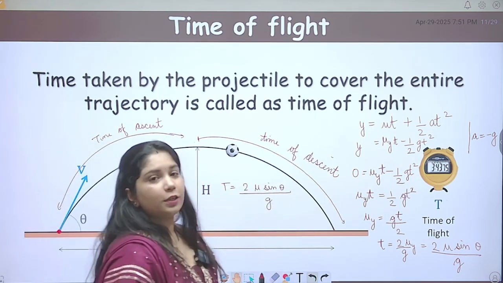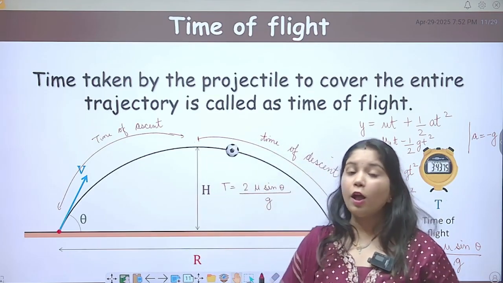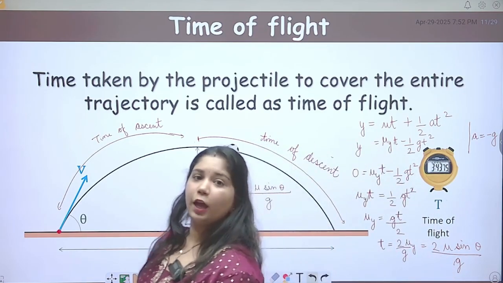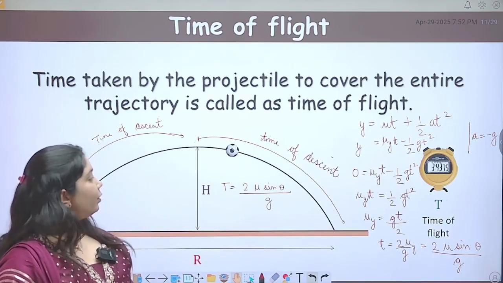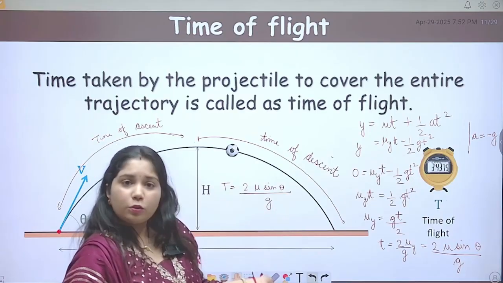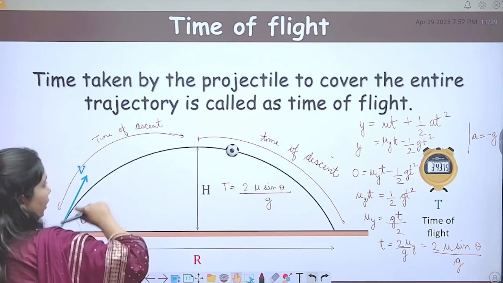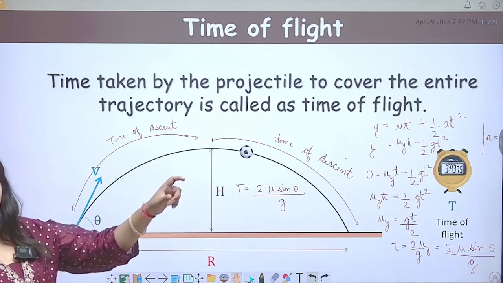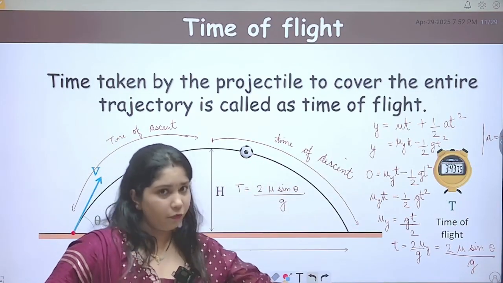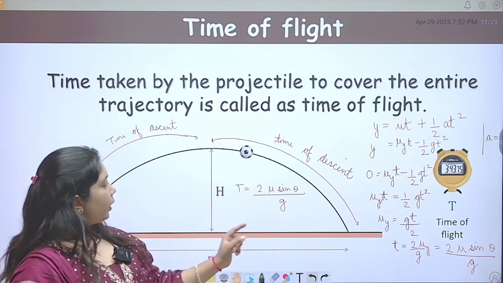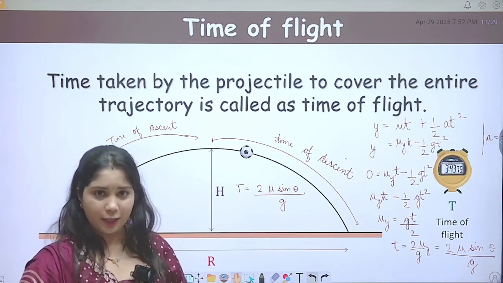Now the question comes to your mind: how can we calculate time of ascent and time of descent? So to calculate time of ascent, divide this formula by 2. Simple, it is between two intervals. The first interval is time of ascent and the second interval is time of descent. So dividing this by 2, you will get u sin theta by g.